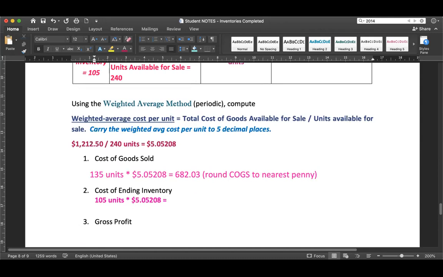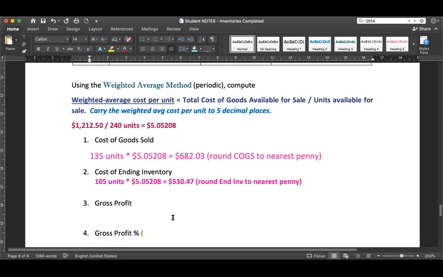That will be equal to 105 times 5.05208, which gives us $530.47 after rounding. So again, we're going to round the ending inventory to the nearest penny. Okay, so this is our cost of goods sold, 682.03, and this is the cost of inventory, 530.47.